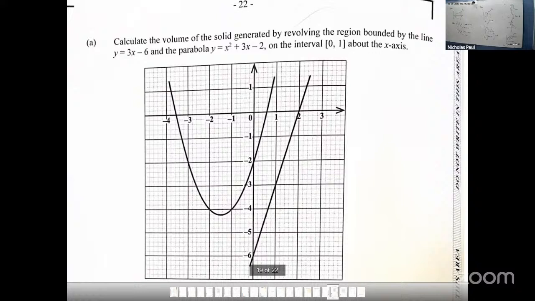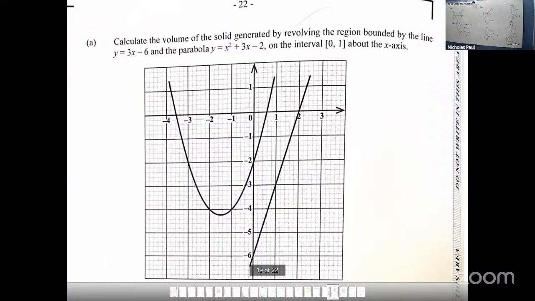Okay. So question number 1, what are the limits? 0 and 1, right? Question number 2, which one to subtract?